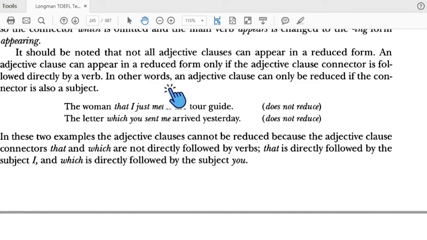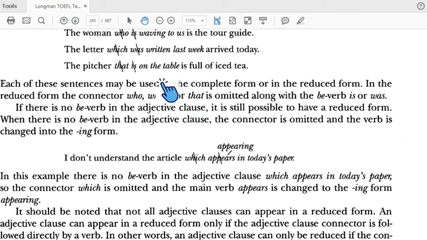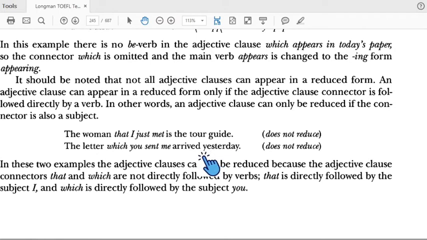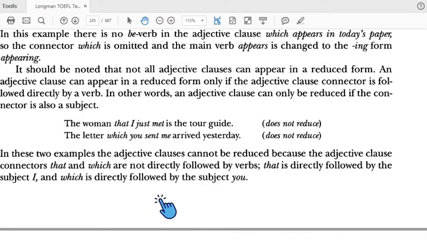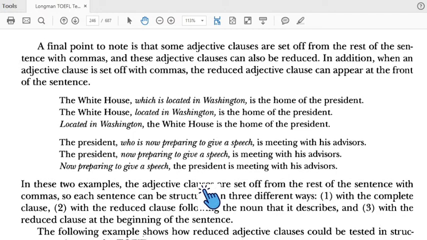We can reduce a sentence if the connector directly meets the verb. Look at this one. In this sentence we can't reduce, because the connector directly meets the subject. Okay, understand?